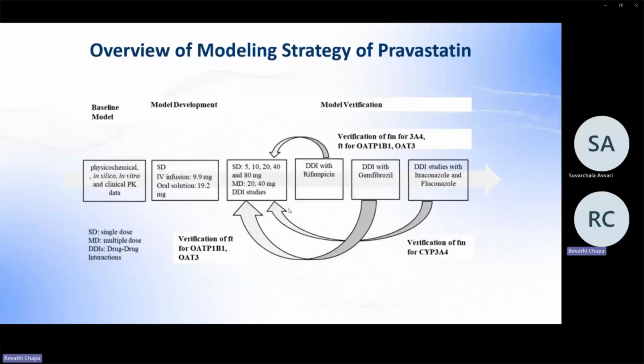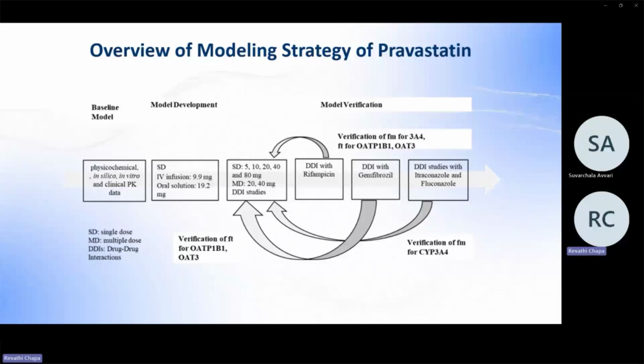Here we are verifying the contribution of OATP1B1 and OAT3s using the inhibition constants that have been nicely validated with other compounds. So the interaction potential will remain the same, but here we are testing the effect on pravastatin. Similarly for itraconazole and fluconazole, the inhibitory potential, for example the Ki and IC50 values, have been previously verified with CYP3A4 substrates like midazolam, alfentanil, and triazolam.